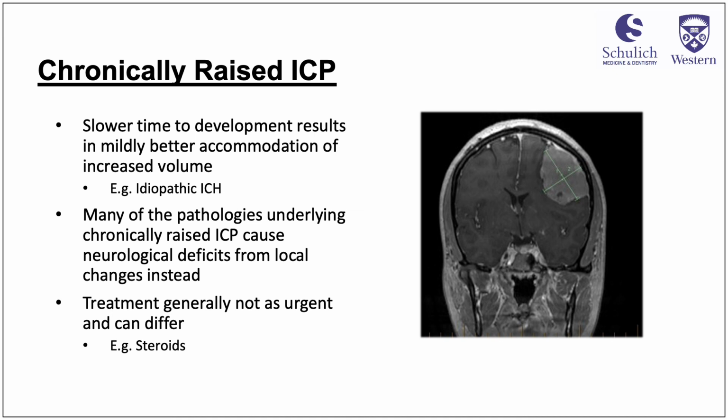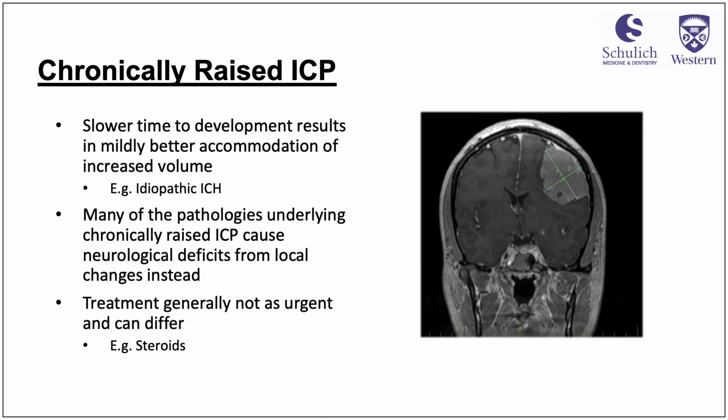And in fact, a lot of the time, the symptoms that are identified are not from the ICP itself, but from the pathology. What I mean by that is a lot of the time when patients present, it's, for instance, a tumor compressing on nearby structures that causes symptoms that the patient first identifies rather than the ICP, which makes sense.